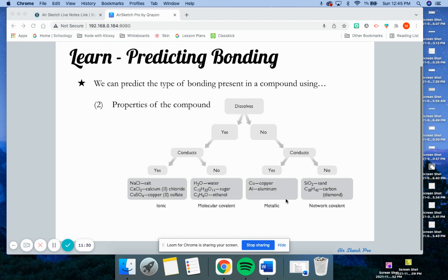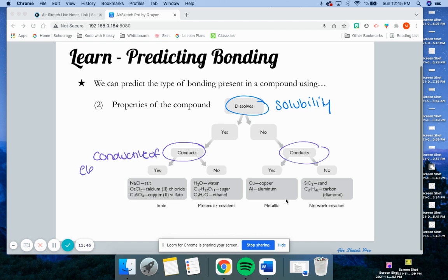Secondly, we can predict the type of bonding using the properties of a compound. So using information on whether a compound dissolves or its solubility, and whether it conducts electricity, whether it's conductive, and taking a look at the combination of these two properties, I can easily predict what type of bonding will be present.